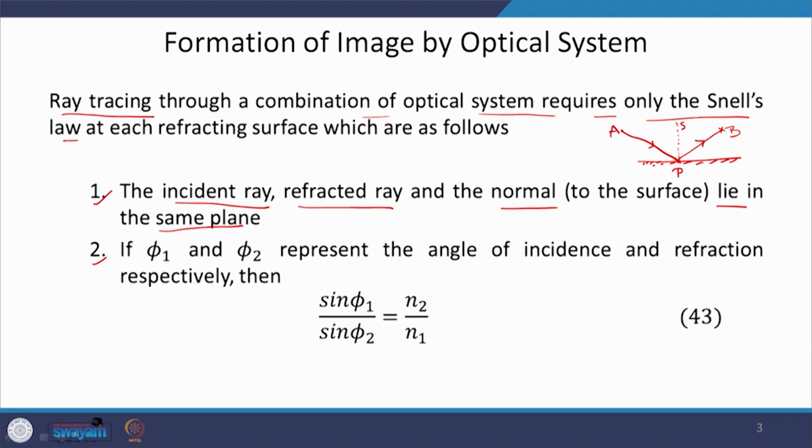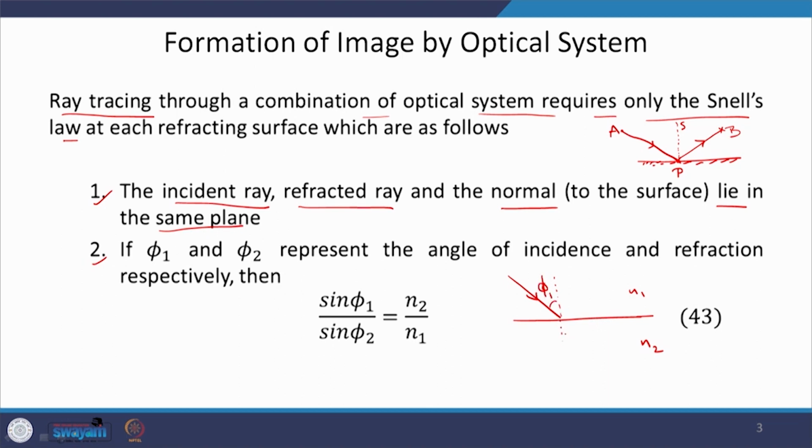The second point is that if phi 1 and phi 2 represent the angle of incidence and refraction respectively, then sin phi 1 by sin phi 2 is equal to n2 by n1. This we have also studied while studying the law of refraction through Fermat principle. Now let us repeat it. Suppose this is the interface which separates two media of refractive index n1 and n2, and a ray falls on this interface, making angle phi 1 with the normal to the interface.